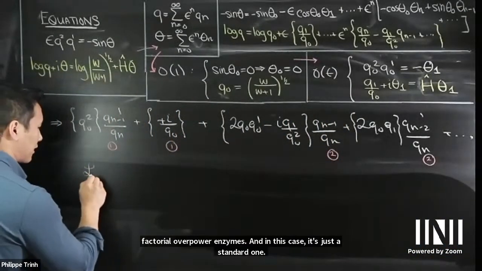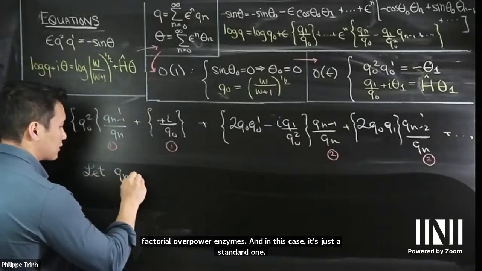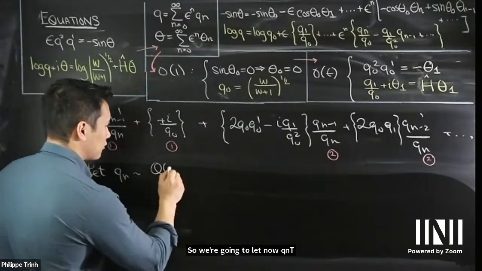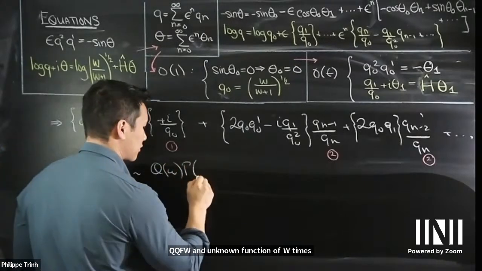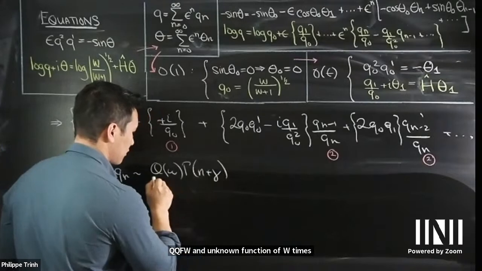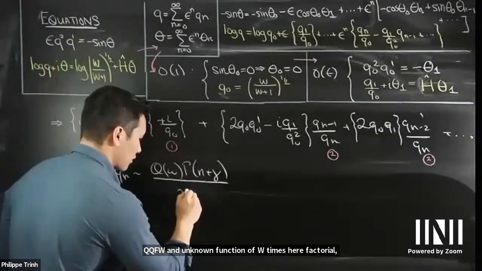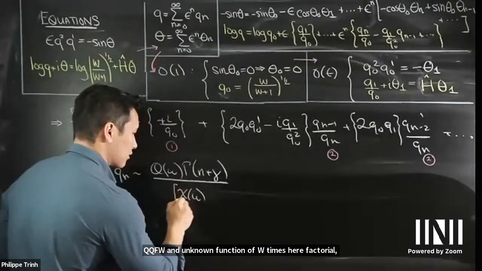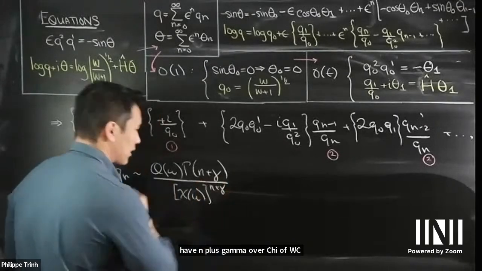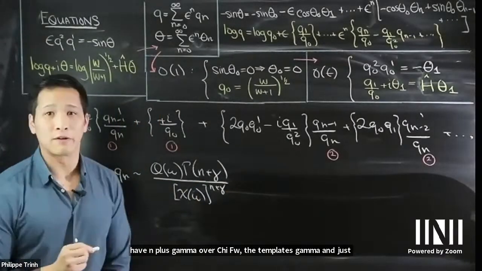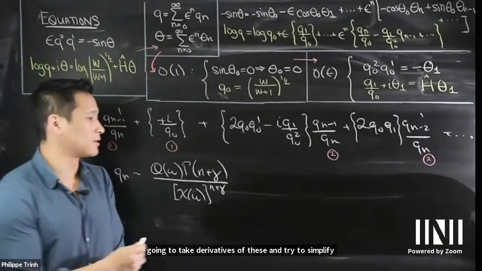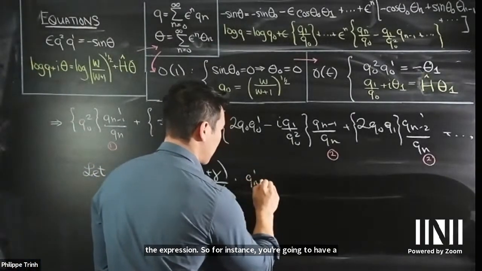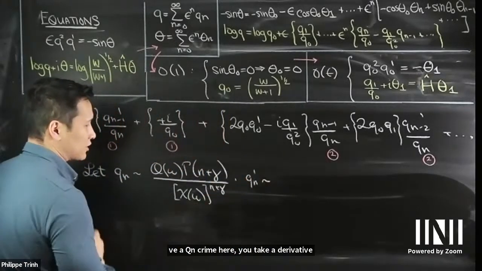So we're going to let qn twiddles q of w, an unknown function of w, times the factorial of n plus gamma over chi of w to the n plus gamma. And just like we showed you in the previous lecture, you're going to take derivatives of these and try to simplify the expression. So for instance, you're going to have a qn prime here. You take a derivative, the derivative of the denominator comes up.